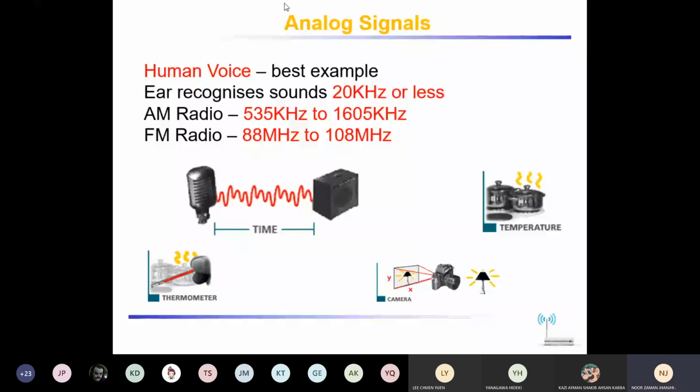So you will not find any FM radio station with a frequency of 80 or 70, or with a frequency of 115. No, this is outside the standards. This is how frequencies are principally defined and fixed for different devices and different applications.